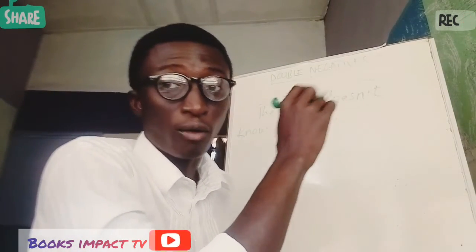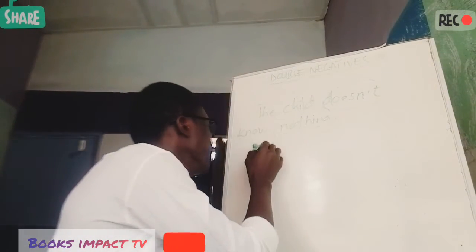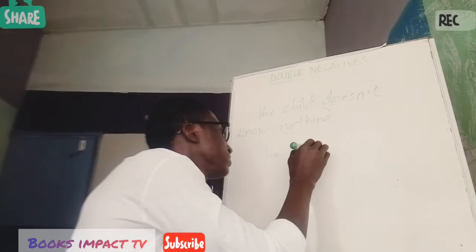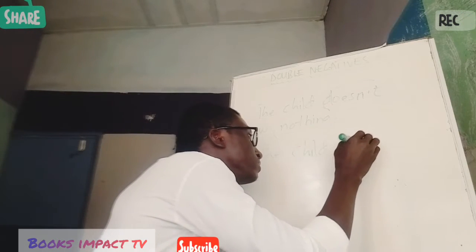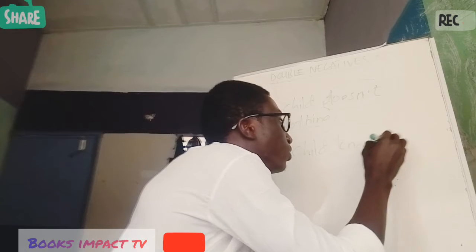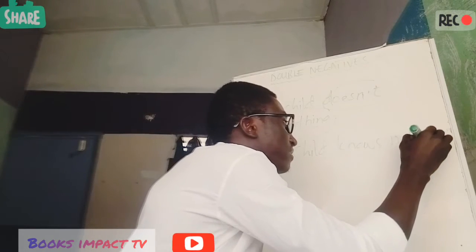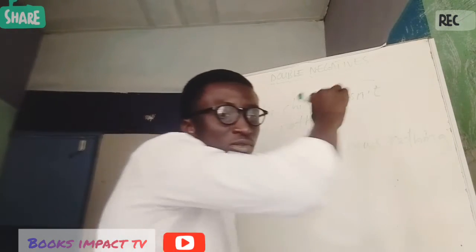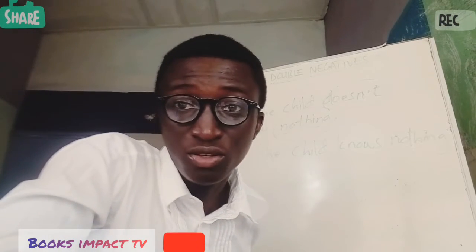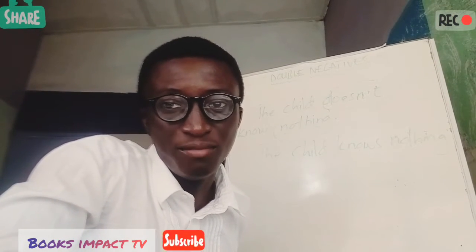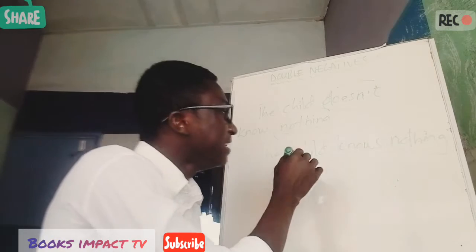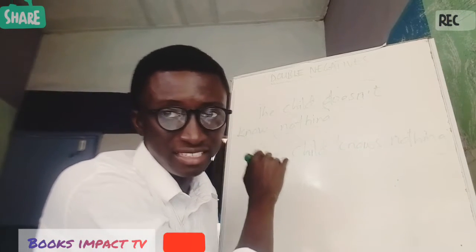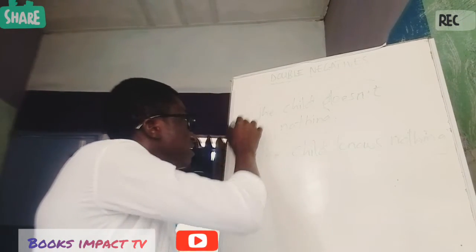So the correct form is that you can write, "The child knows nothing." Here we have eliminated one of the negatives in the previous sentence.